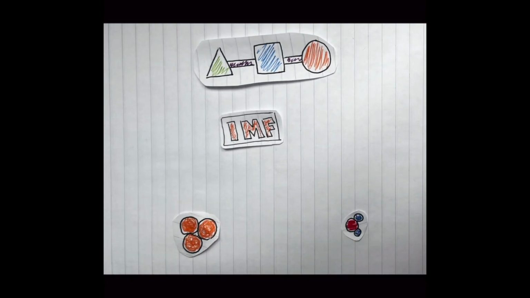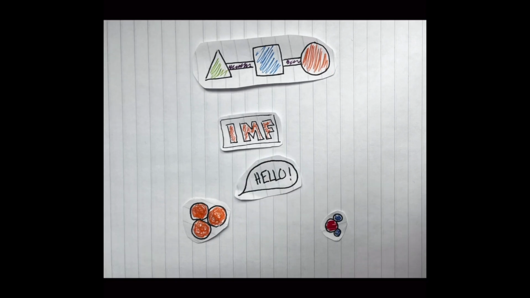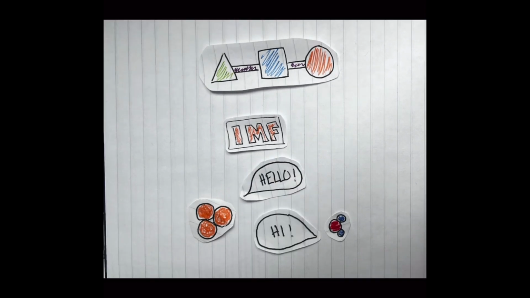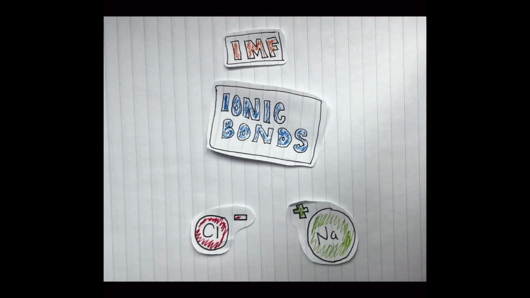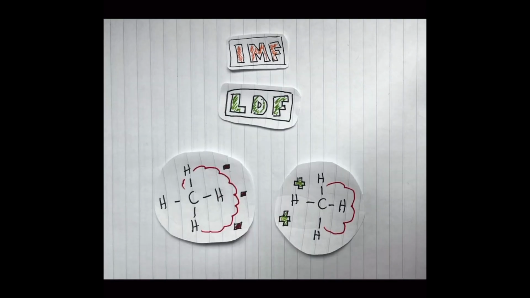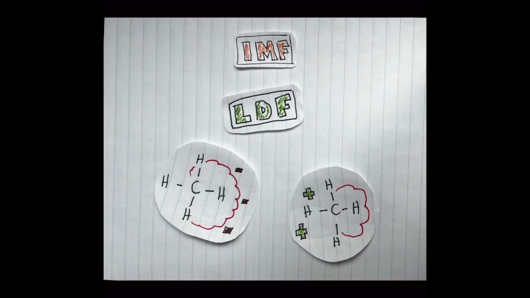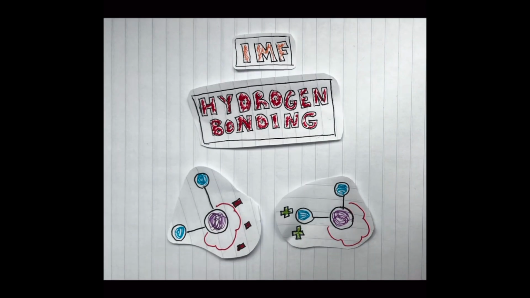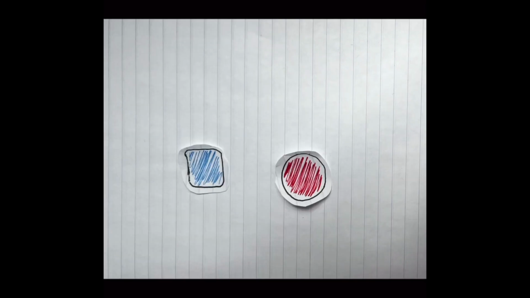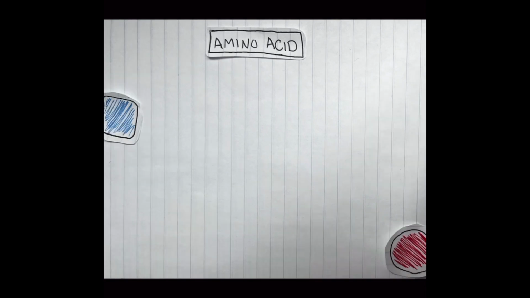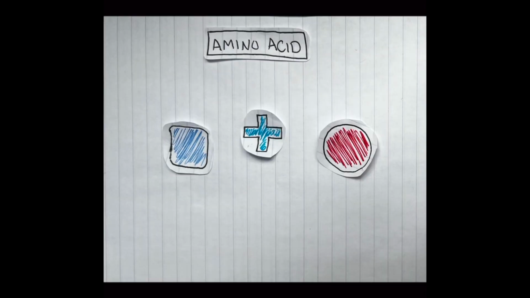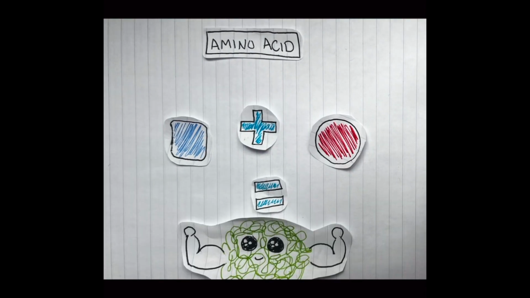This is the ability for one molecule to interact with another. Different IMFs include ionic bonds, London dispersion forces, or LDFs, and hydrogen bonding. These abilities allow amino acids to interact with each other. The different interactions in each amino acid are what shapes a specific protein.